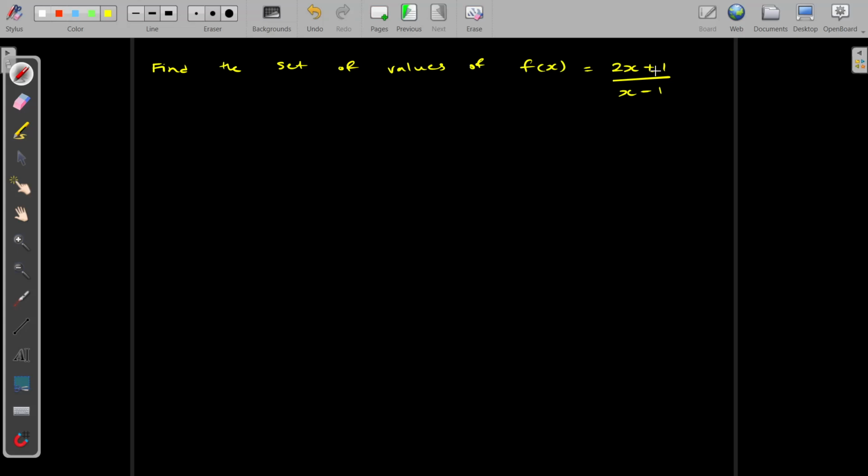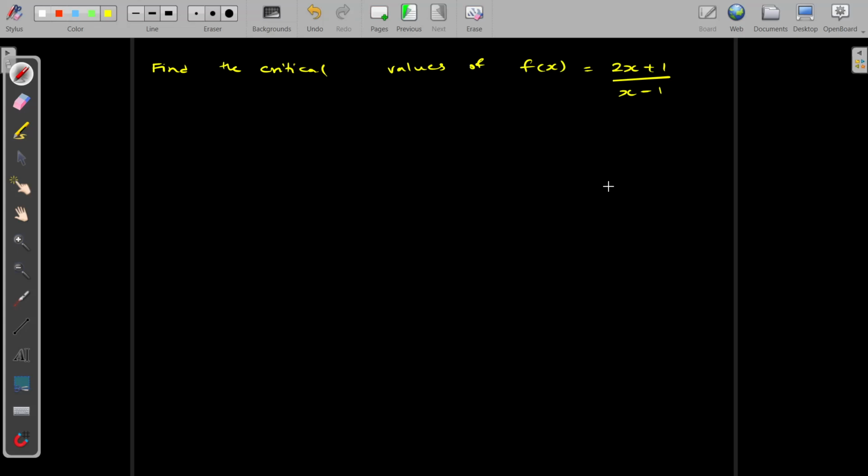So if we're looking for the critical values, we're basically looking for the zeros of the function.